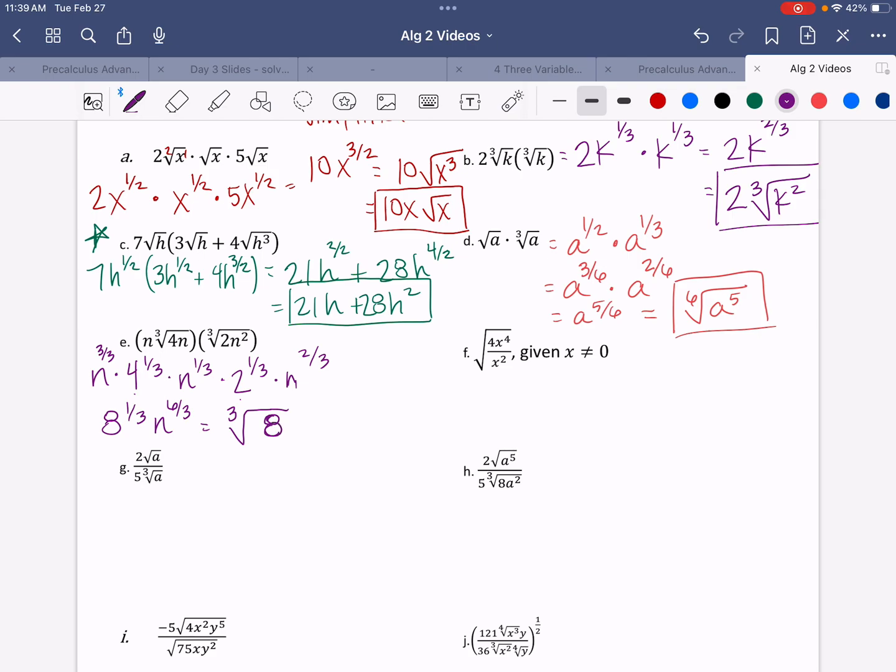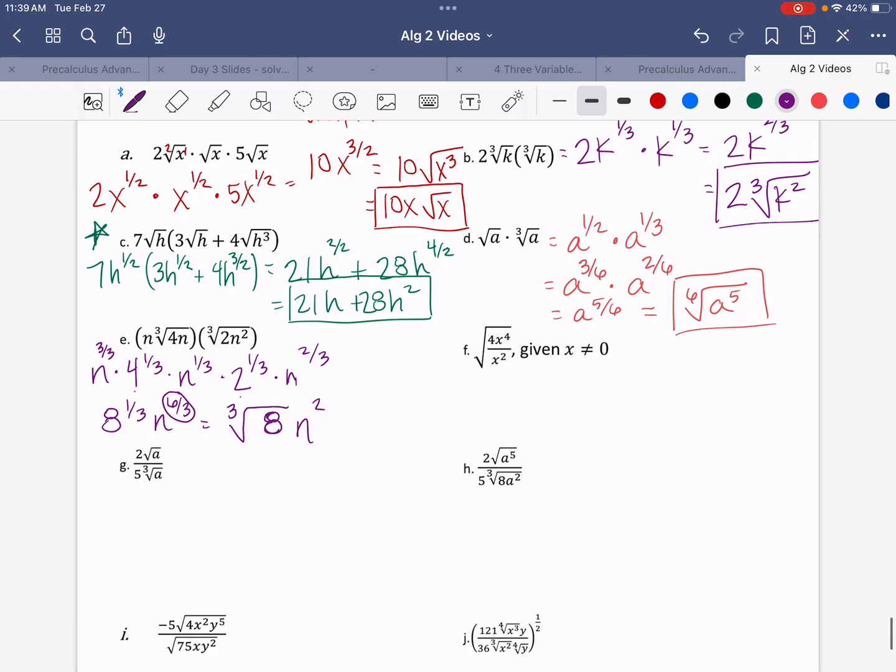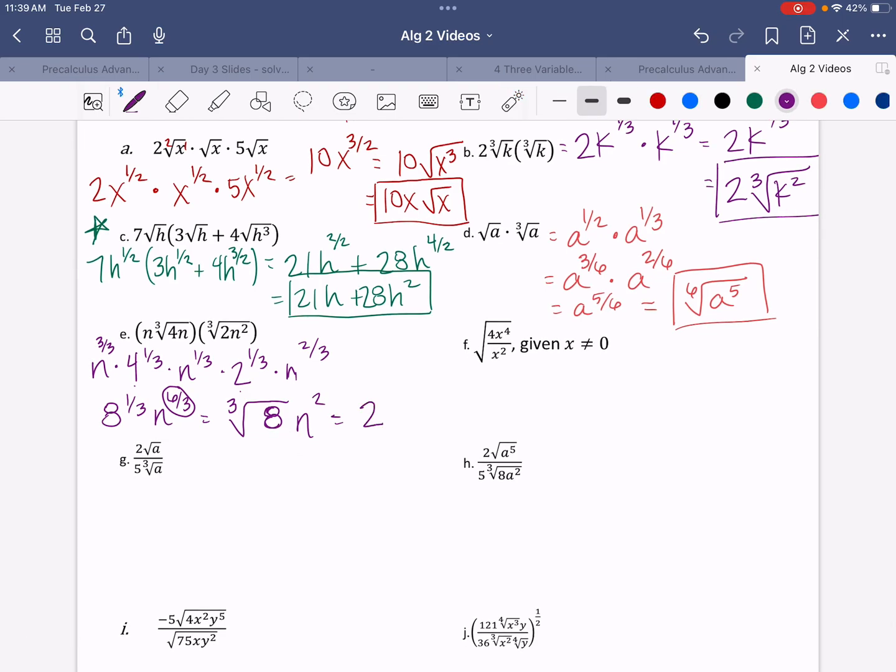And then right here, when you notice 6 divided by 3 is 2, that means you're just going to have n squared. You're not going to have n under the cube root. And then we can take the cube root of 8. We know from our parent function table, its cube root is 2. So 2n squared is the final answer here.